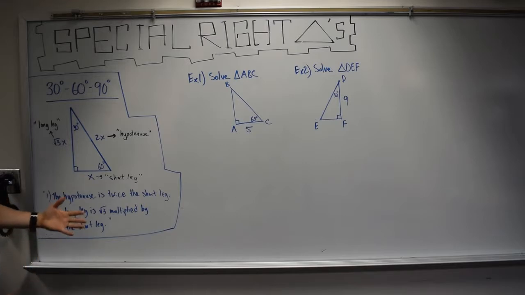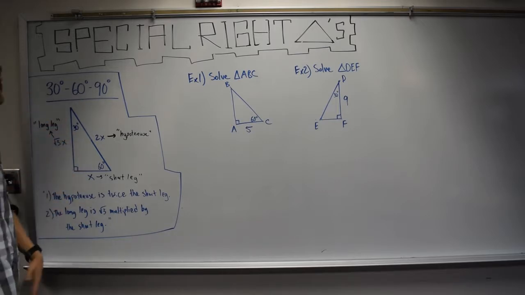Pretty straightforward. So, in a 30, 60, 90 triangle, there are two things that are true. The first is that the hypotenuse is twice as long as the short leg. Pretty easy to understand. And when we talk about where this relationship comes from, we'll see why that's true.